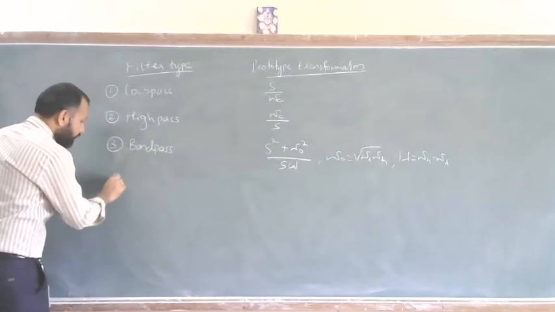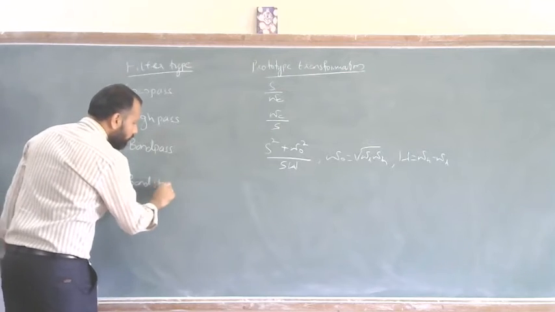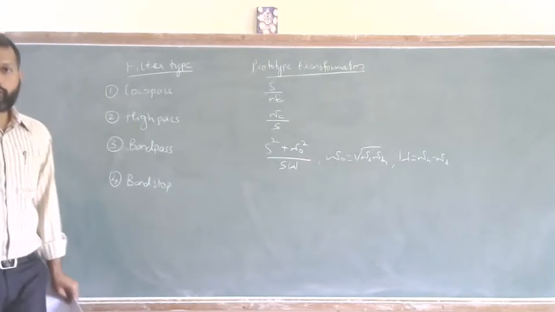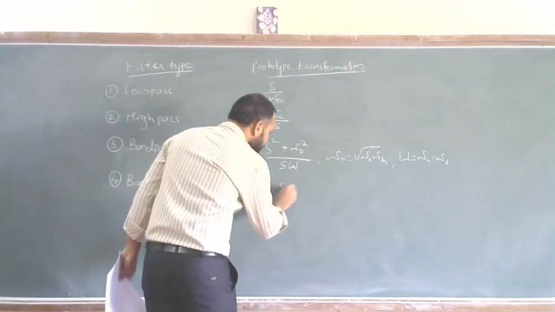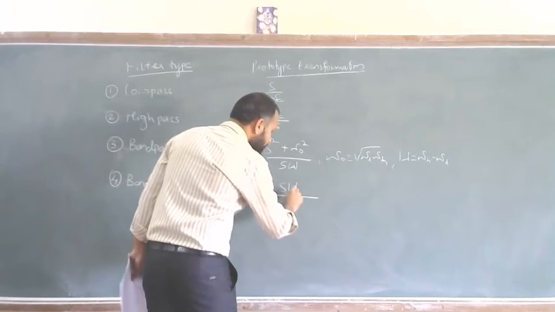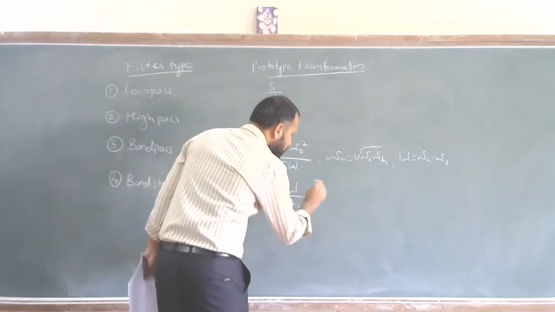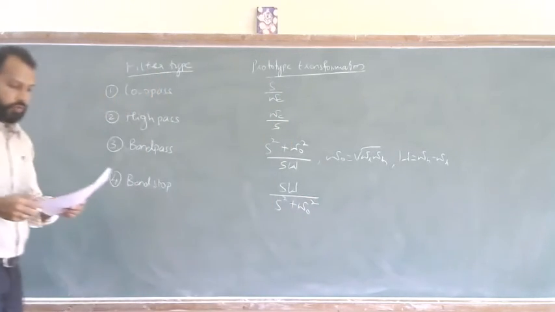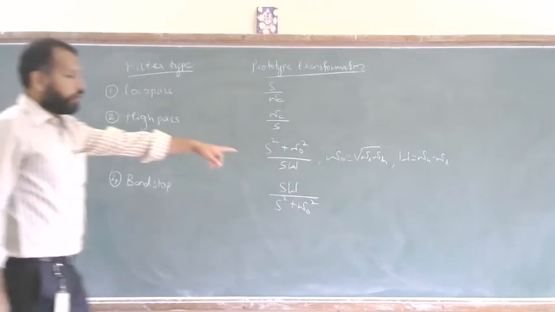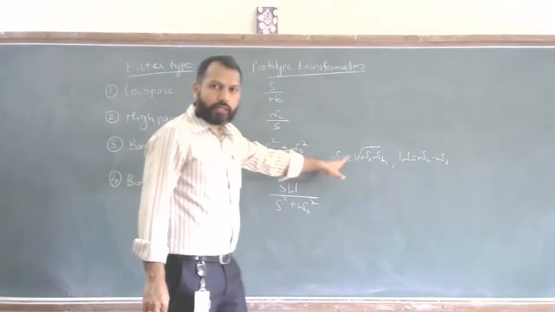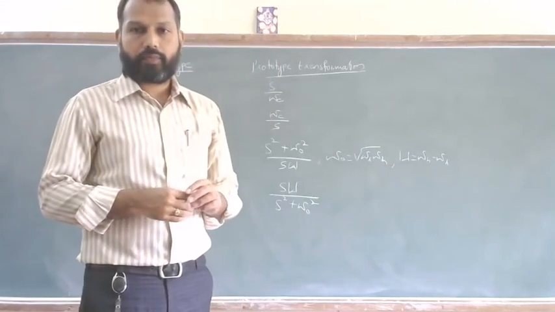And lastly, the conversion of low pass prototype filter into band stop filter is obtained by using the transformation SW divided by S square plus omega 0 square, where the geometric center frequency omega 0 and the passband bandwidth W are the same.